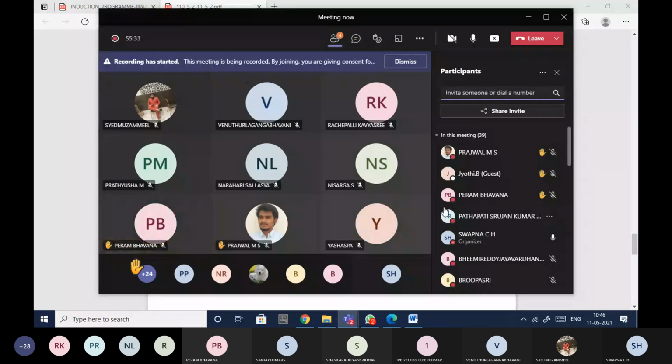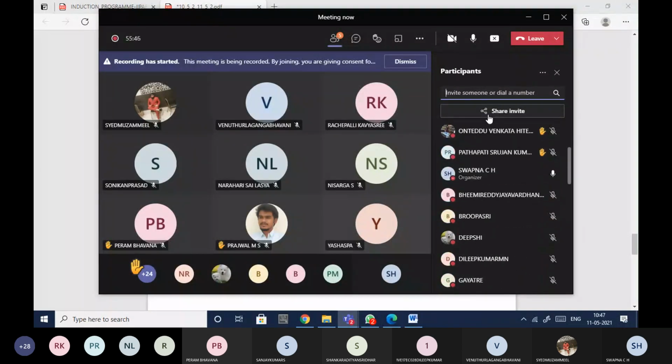Jyoti, Bhavna, Prajwal, Srujan. Only this many have finished right now. Hitesh also finished.